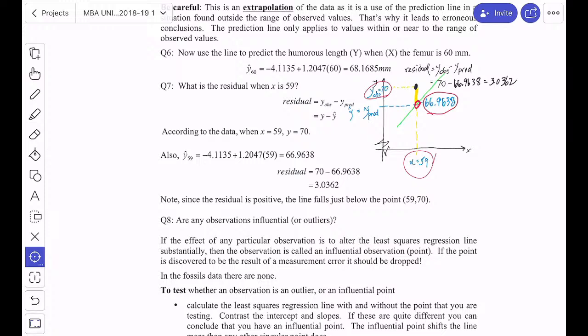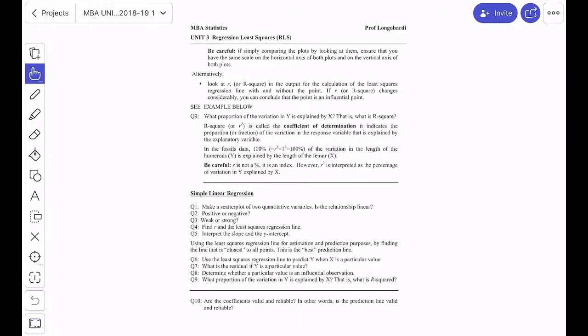If it affects those dramatically, then it's an influential point. If you drop it from your data set and your R improves, it means it was an influential point. So it's not a good idea just to drop it ambiguously. You need to have a logical reason to drop values out of your analysis.